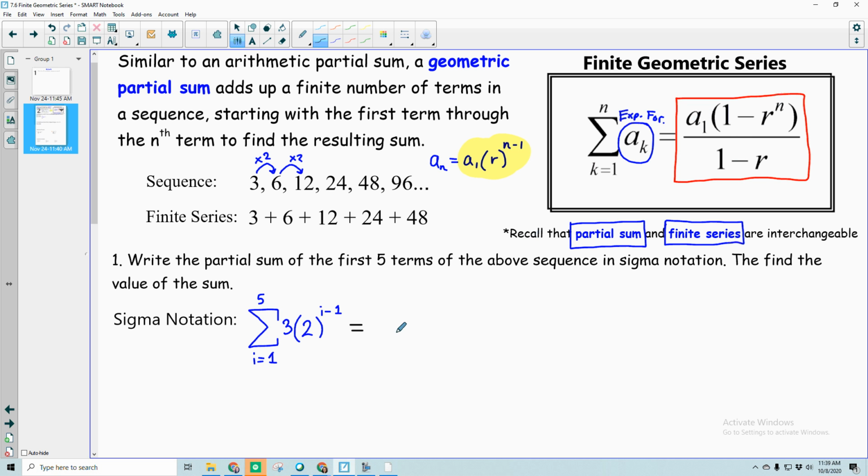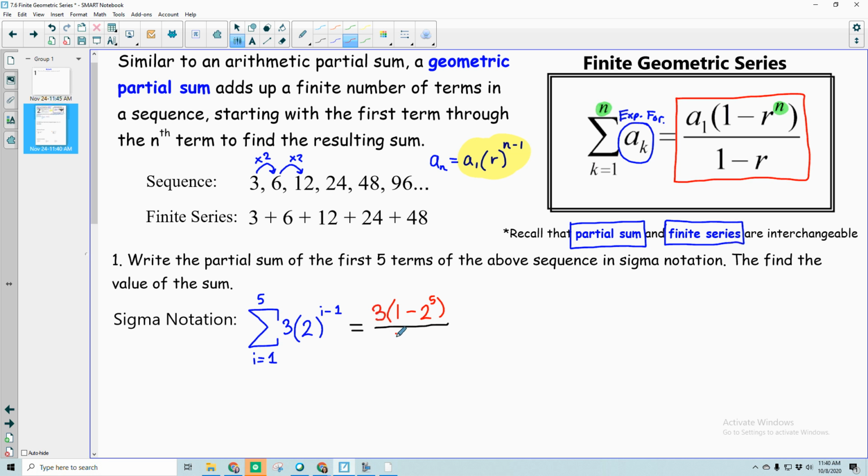So the very first term in the sequence that goes in the numerator of this fraction, that is 3, okay? That's going to be multiplied by 1 minus the common ratio, which we said was 2 a minute ago. And notice that the n is the same n that's sitting here on top of sigma, okay? So it's going to be raised to the power of positive 5.